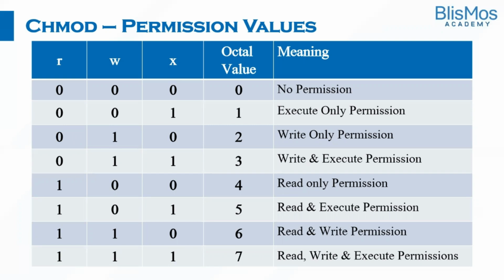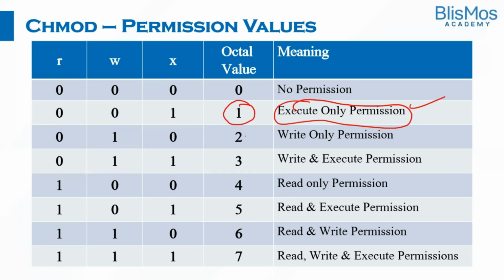I did mention octal value. So if you want to change the permission of a file, you got to know what permission is indicated by which octal value. Let's try to understand this in a bit more detail. When you have a number 1, that indicates execute only permission.